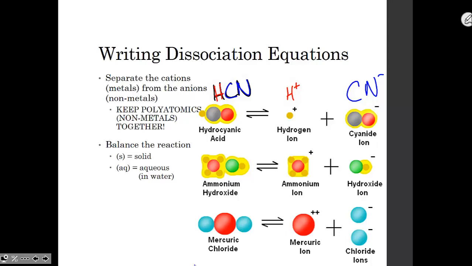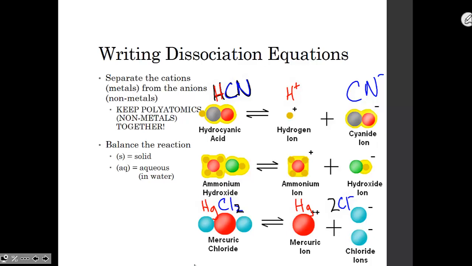The easiest way to think of this is to separate your metals from your nonmetals, because metals traditionally form your cations. Mercuric chloride, you would separate your mercury from your chloride ions. Since we started with 2 chlorides, we would need to have 2 chlorides when we finish.